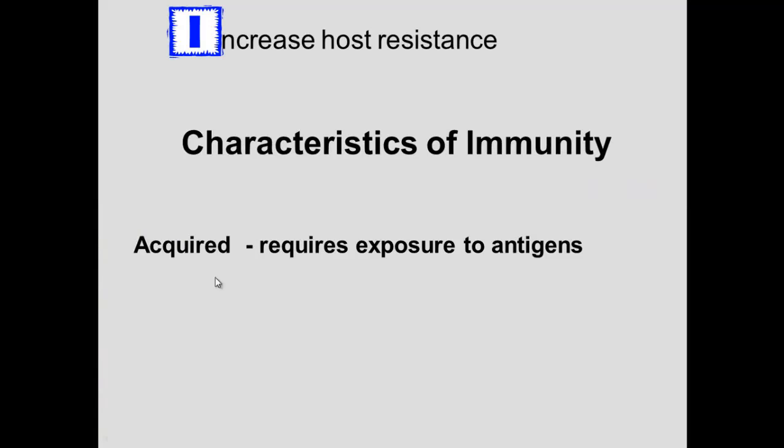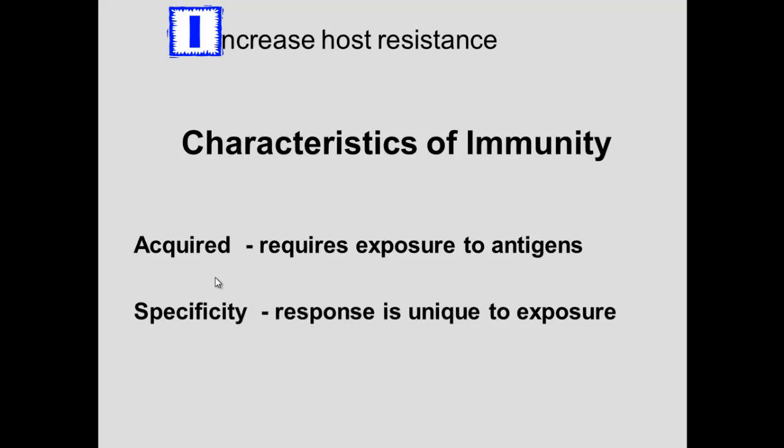So, increasing host resistance: characteristics of immunity. The first component is that it's acquired. It requires exposure to antigens before it can mount a response. Also, it's specific to the unique antigens that you're exposed to.